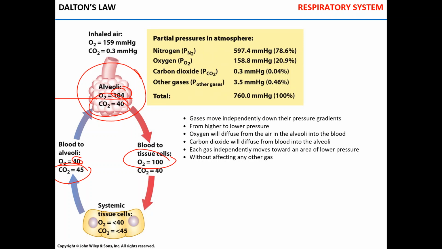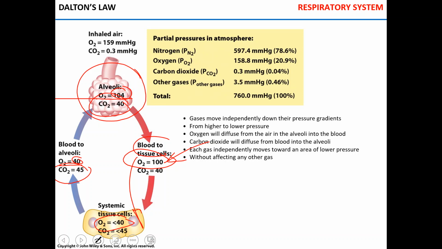And what happens in the systemic capillaries? Well, concentration of oxygen in the tissues is lower than 40. Concentration of oxygen in the blood that gets to the systemic capillaries is 100. So oxygen goes from the blood into the tissue cells.